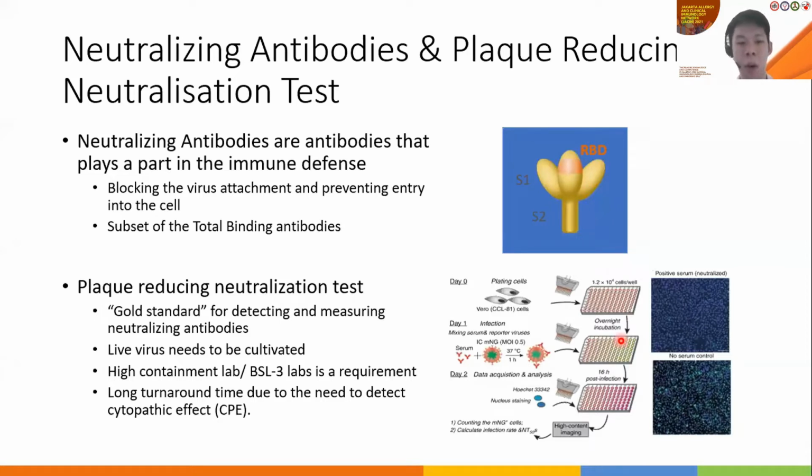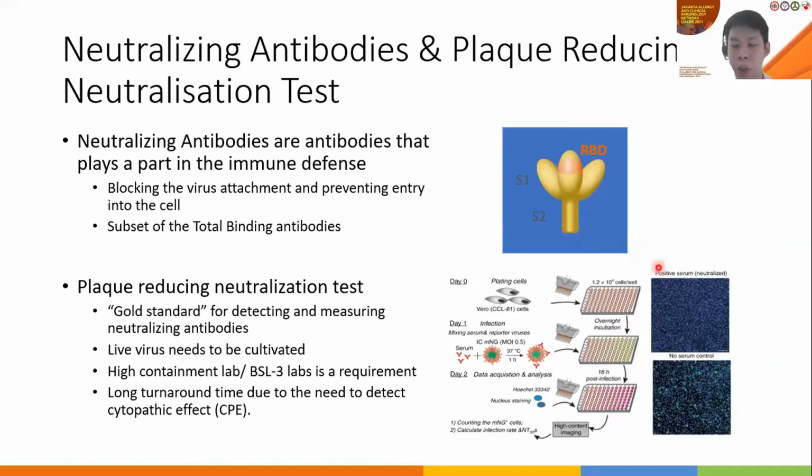PRNT tests measure by looking at the cell cytopathic effect after infection. Because the cells need time to reproduce, the virus needs time to replicate, and the cells need time to react to this, a longer turnaround time is often associated with PRNT50 tests.